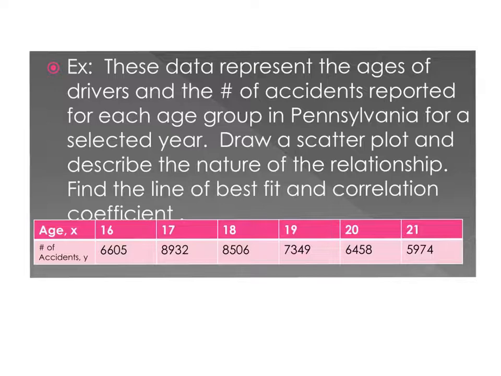Turn that one on, and then once you're there, make sure your X list is L1 and your Y list is L2. If you notice above the numbers on your calculator, there's L1, L2, L3.